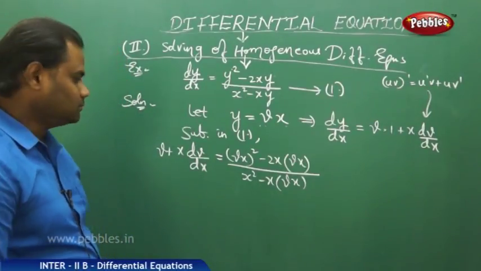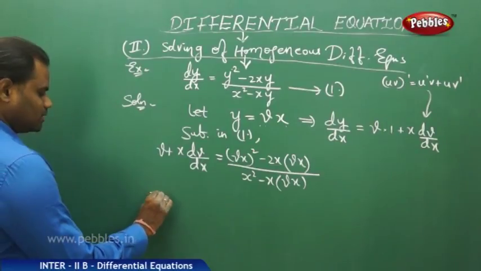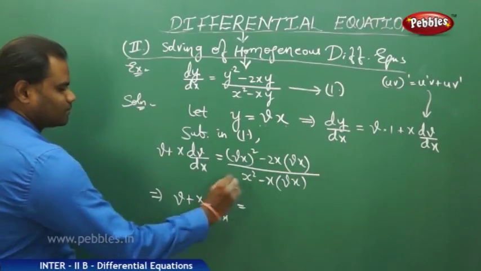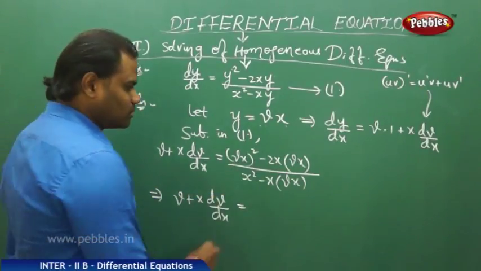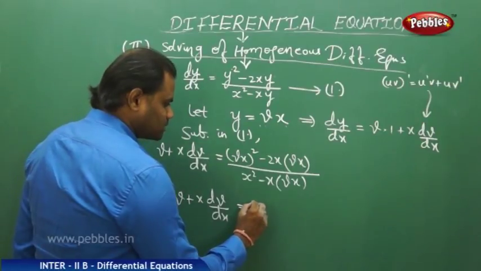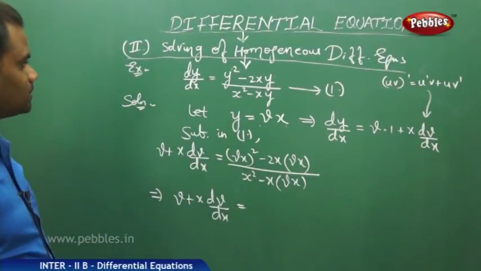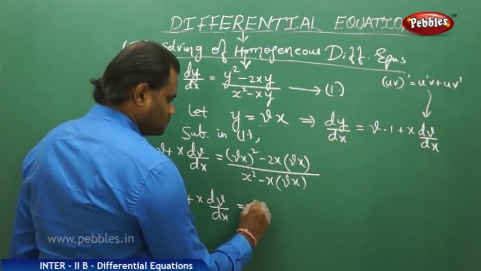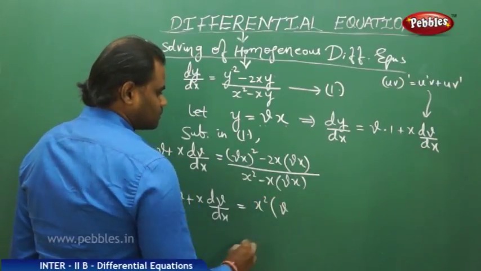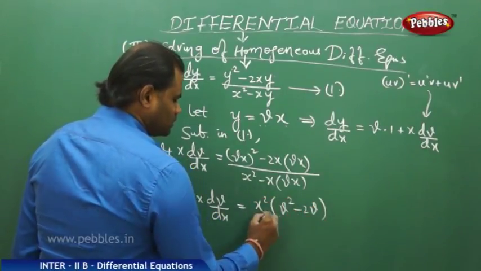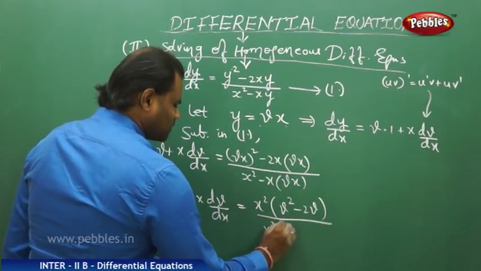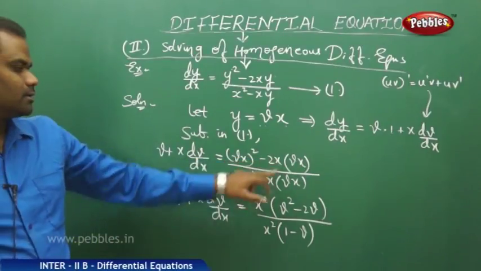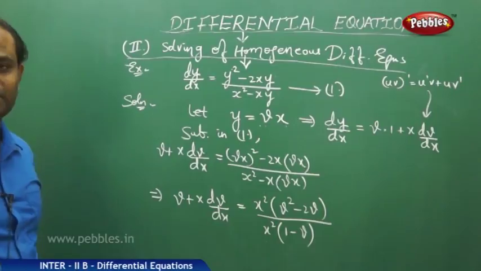Now this, on further simplification, gives v plus x dv by dx, and taking x squared common on both sides, v squared minus 2v by taking x squared common here, this is 1 minus v, by taking common on the numerators and the denominators respectively.